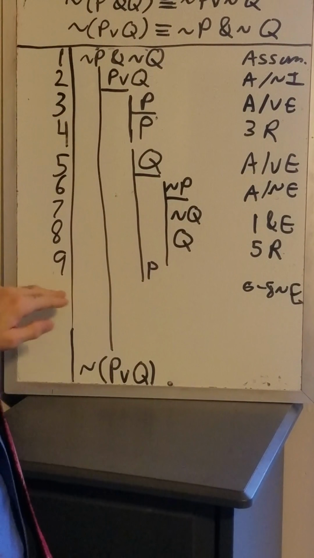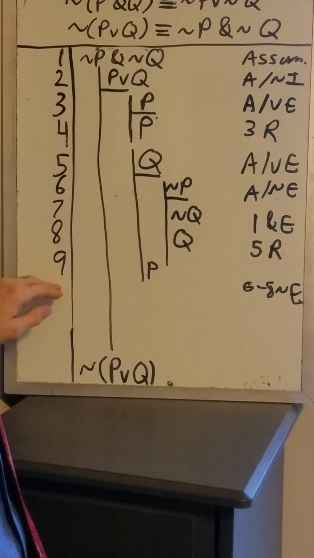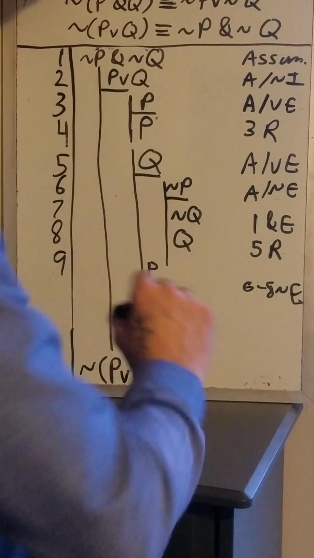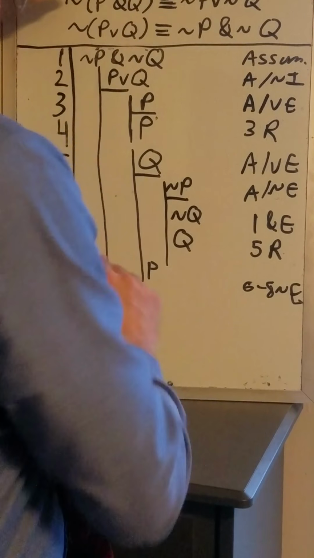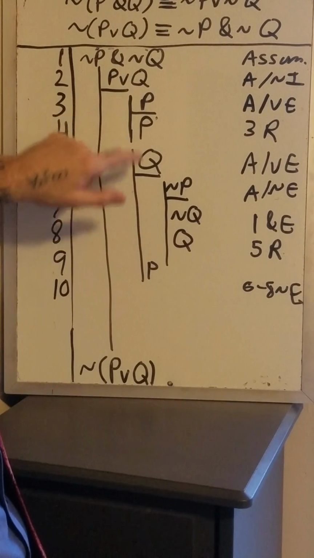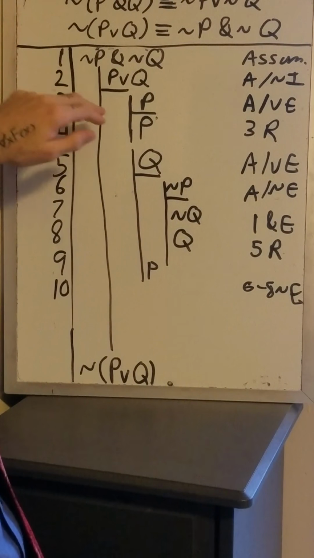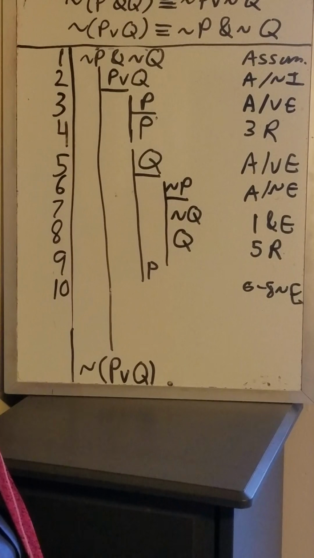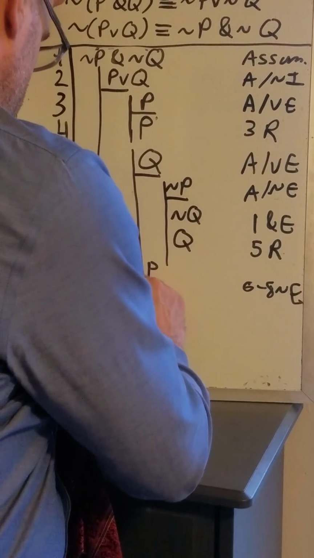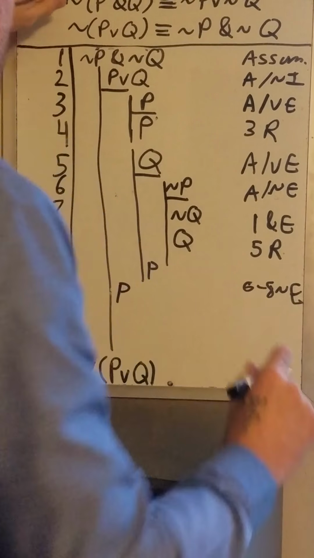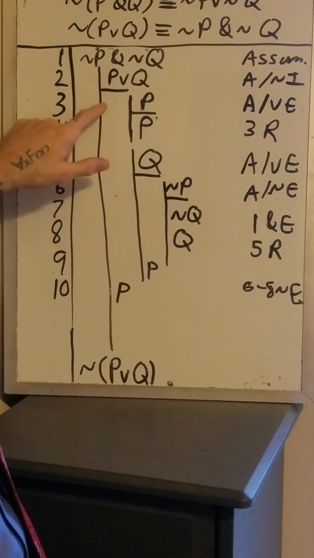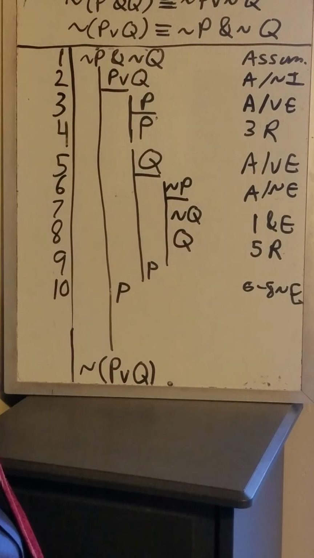Okay. So now line 10 here, we've shown that if P then P and if Q then P, so we can get P on line 10 by disjunction elimination, lines 2, 3 through 4, and 5 through 9.